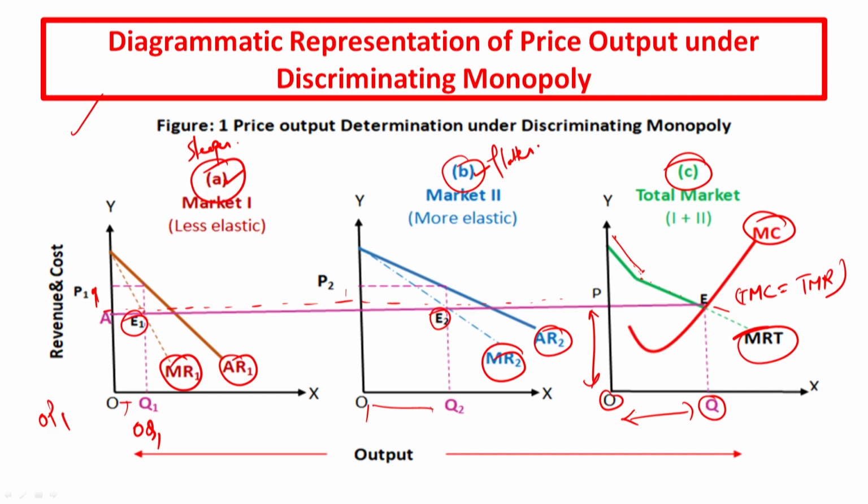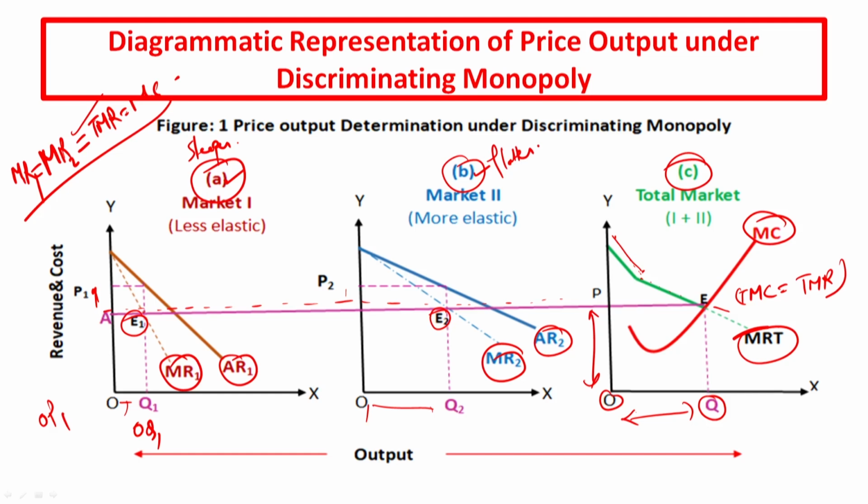The condition for the discriminating monopoly to be in equilibrium, where the monopolist gets the maximum profit, is that the marginal revenue of market 1 is equal to the marginal revenue of market 2, which is equal to the total marginal revenue, which is equal to the marginal cost, and all are equal at this point.